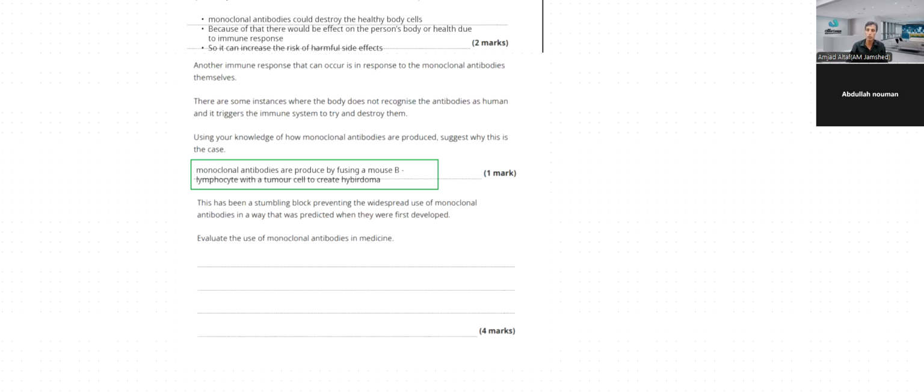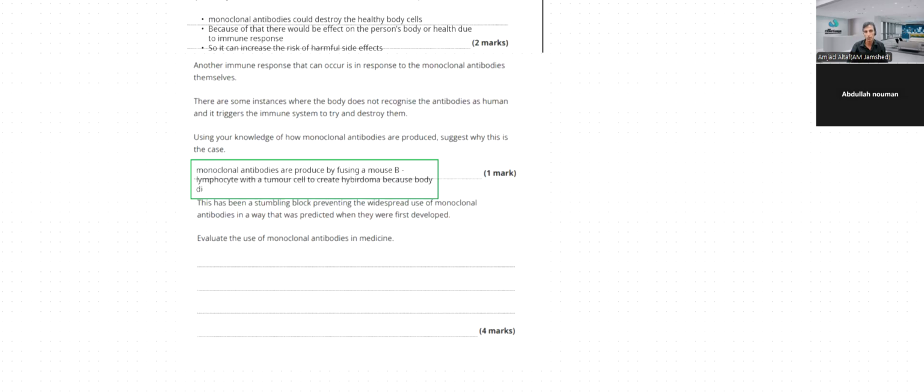Actually, this is because of the triggering of the immune response, and that's why I would say the body does not recognize the antibodies as human, and it triggers the immune system to try and destroy them.